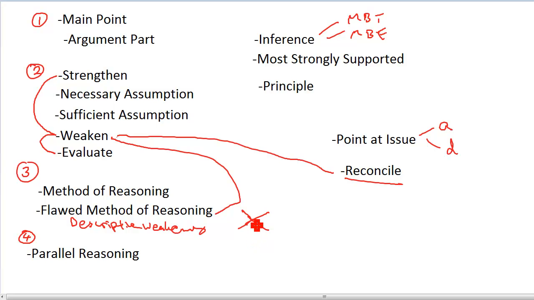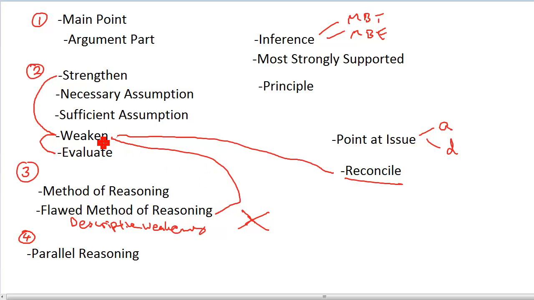When it rains, nobody gets a cab. So let's say that's the assumption. The descriptive answer choice will say the argument inappropriately assumes X. The weakening answer choice will simply say not X. Do you see how it's exactly the same? It's just a cosmetic difference between the two types of questions.